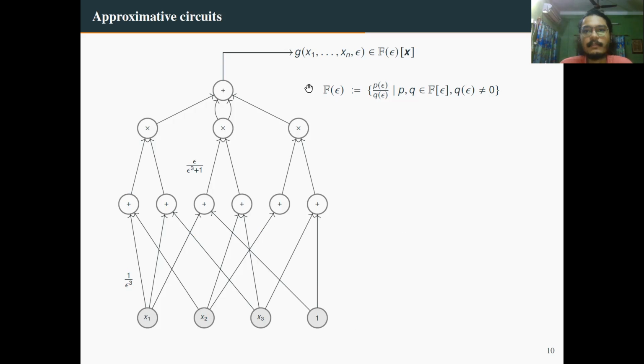And if you do that, ultimately you'll be computing a polynomial g(x1, ..., xn) over the field F(epsilon). Now, once you have computed this polynomial g over the field F(epsilon), you can ask what is the limit, meaning what is the polynomial computed in the epsilon to the 0 coefficient, if it exists.